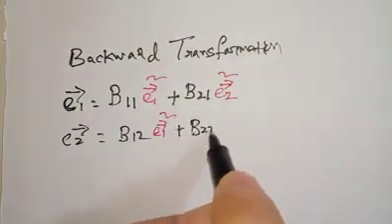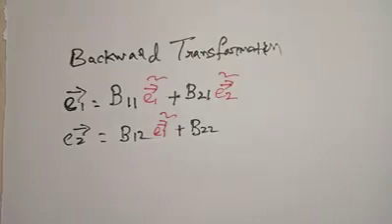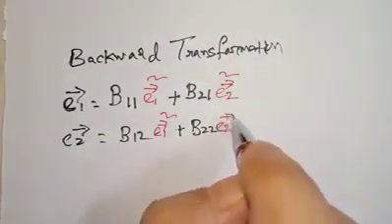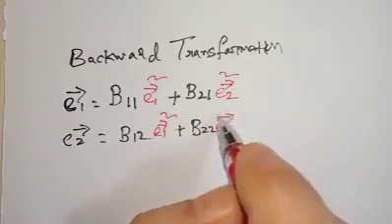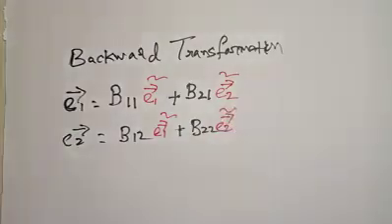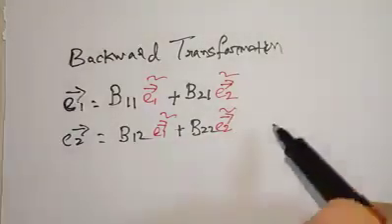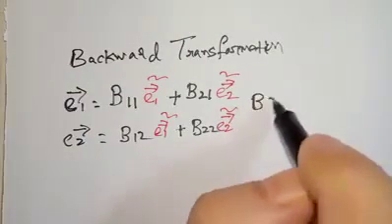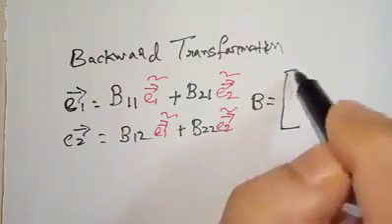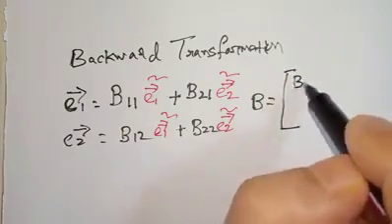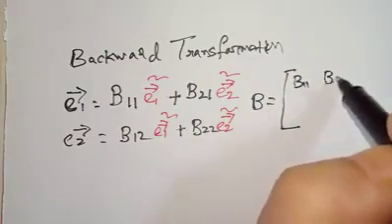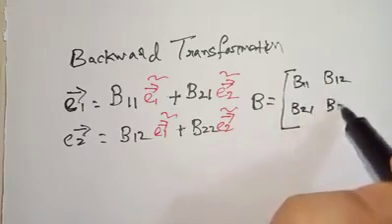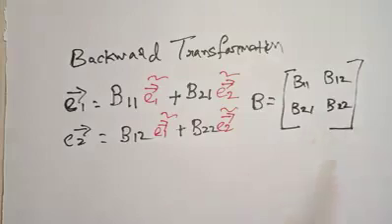So we are deriving this B22, and this goes on. We can write the backward transformation matrix as B equal to B11, B12 in the first row, and B21, B22 in the second row.